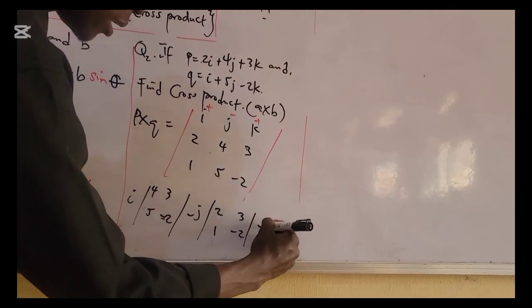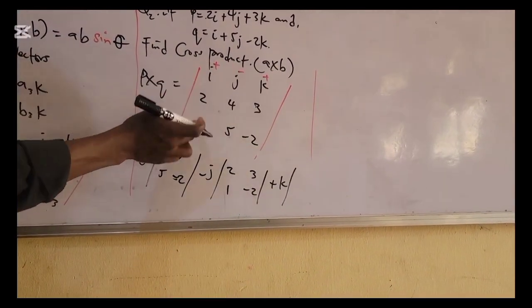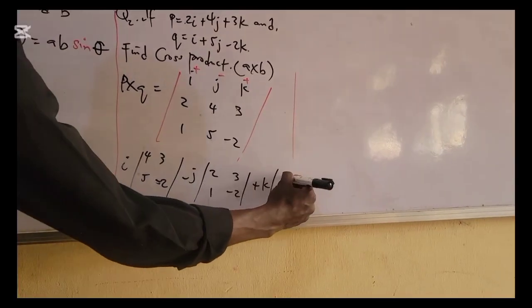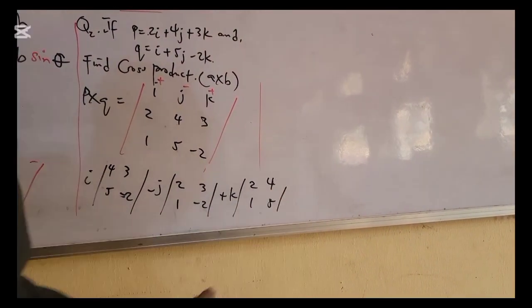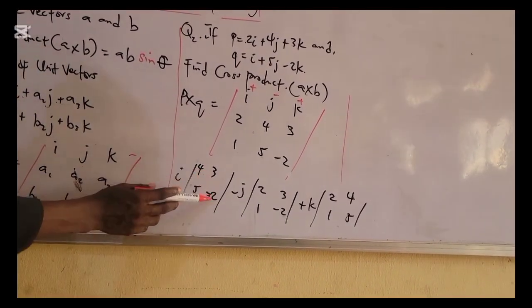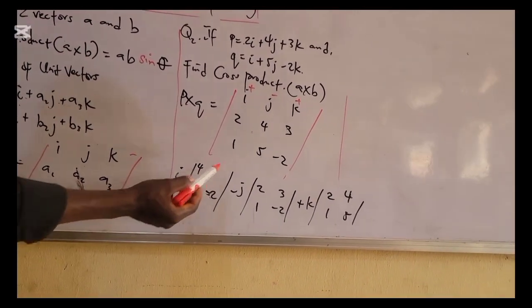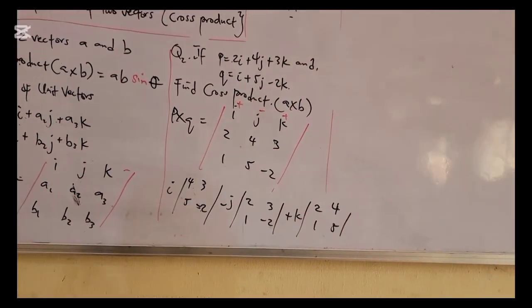Then plus K, and what's left there? This is cancelled out, this is cancelled out, we are left with 2, 4, 1, 5. And you know the law for determinants: you multiply this minus the multiplication of this, that's the rule. So let's do that here.